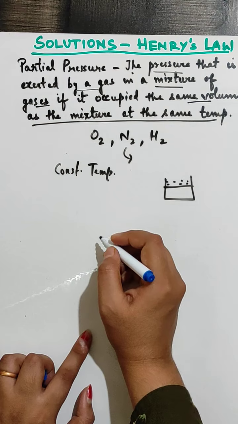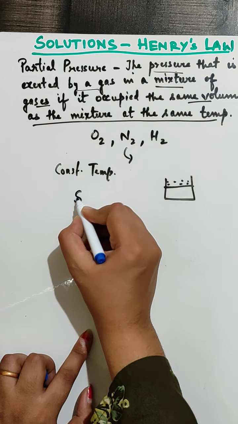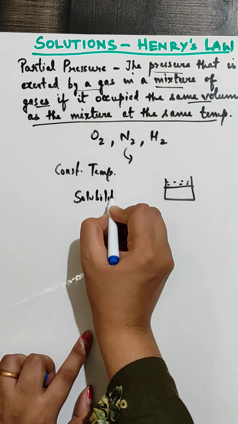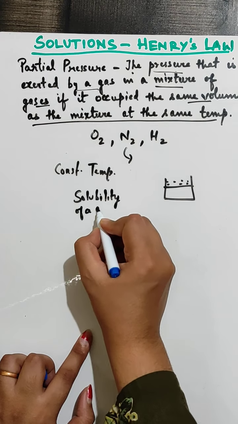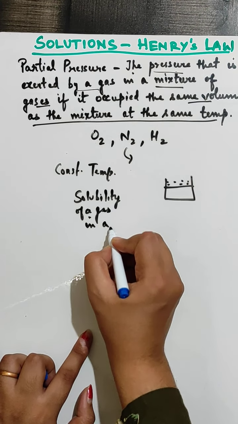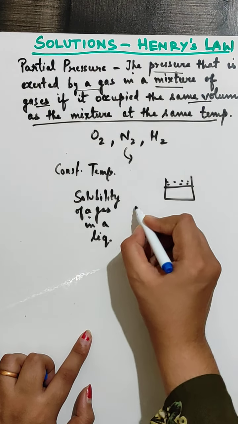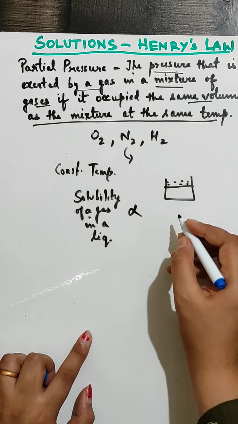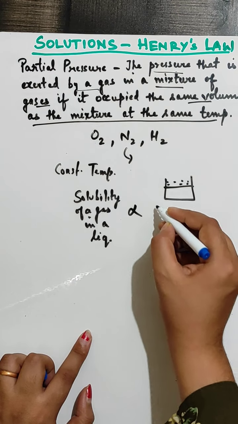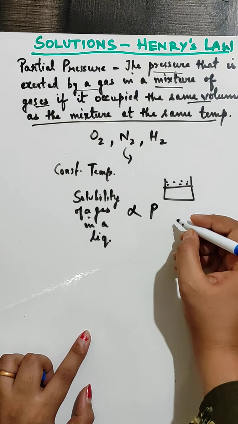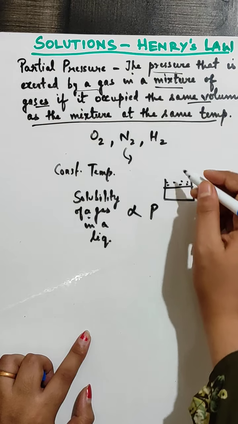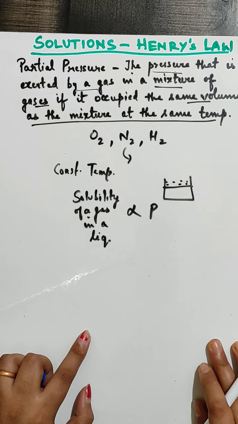So he said that the solubility of a gas in a liquid is directly proportional to the partial pressure of the gas which is present above the surface of the liquid.